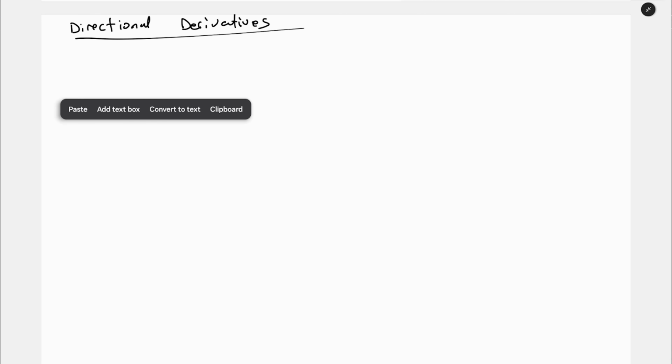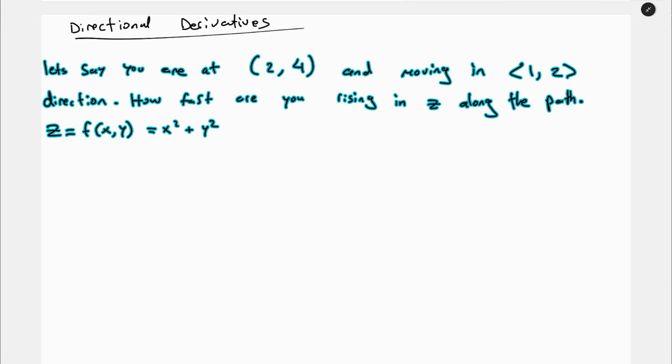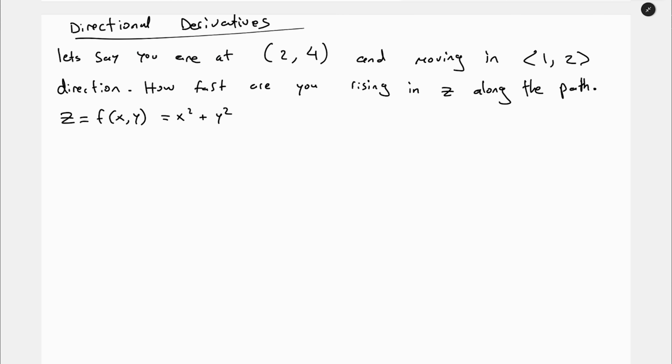So now let's move to the meaning of this. Directional derivatives. So let me put a question up here. Let's say you are at the point 2, 4, and you're moving in this direction 1, 2.